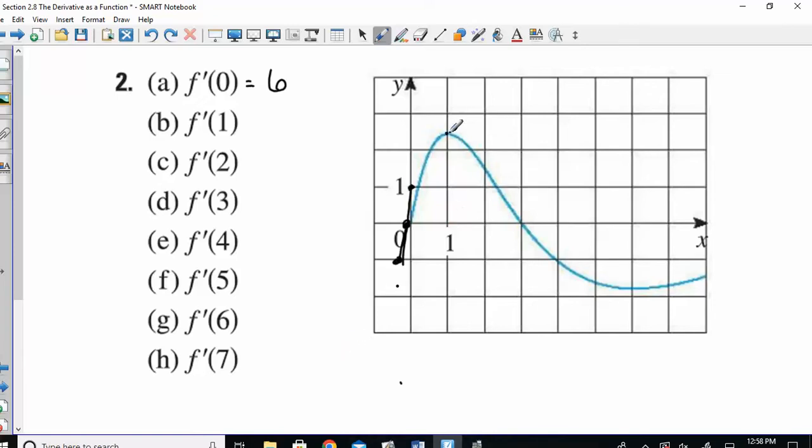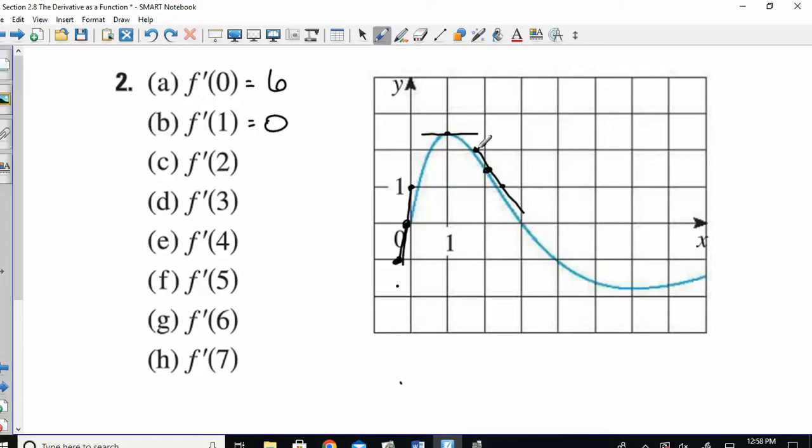All right, at 1, if you draw your tangent line at 1, what kind of line do we have? Horizontal. So what's the derivative at 1? 0. Okay, at 2, first of all, is this going to be positive or negative? Negative. So draw the best you can, hitting the graph at this point, and then take 2 points on that line and see if you can calculate slope.